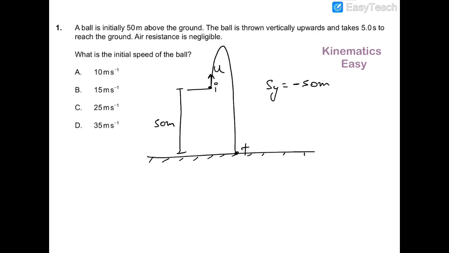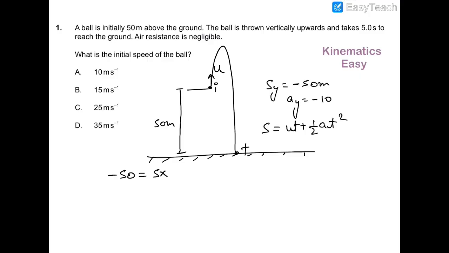The acceleration of the ball will be minus g, which is 10, and the air resistance is negligible. u is in upward direction, so we will consider u as positive. According to the second equation of motion, s is equal to ut plus half at square. s is minus 50, u is unknown, which we have to find out.